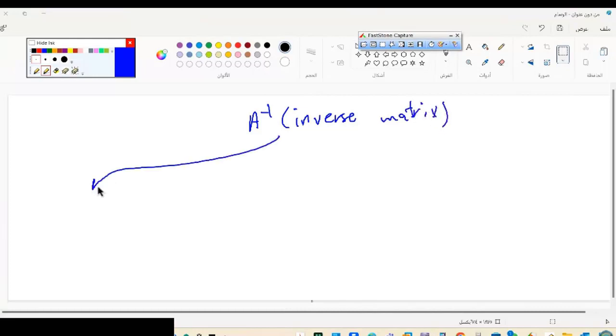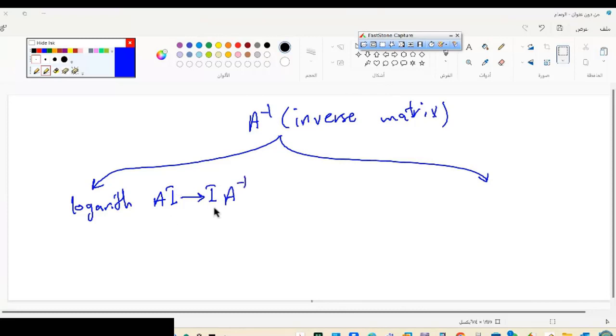we usually have two methods. First one is the algorithm. A, I gives to us I, A minus 1. And I explained this method before. Now we have another one called the cofactor method.